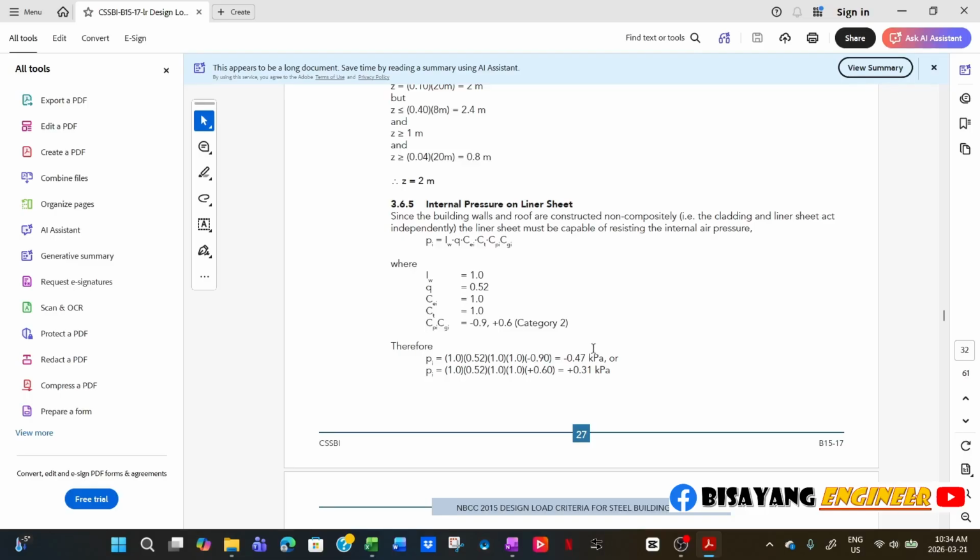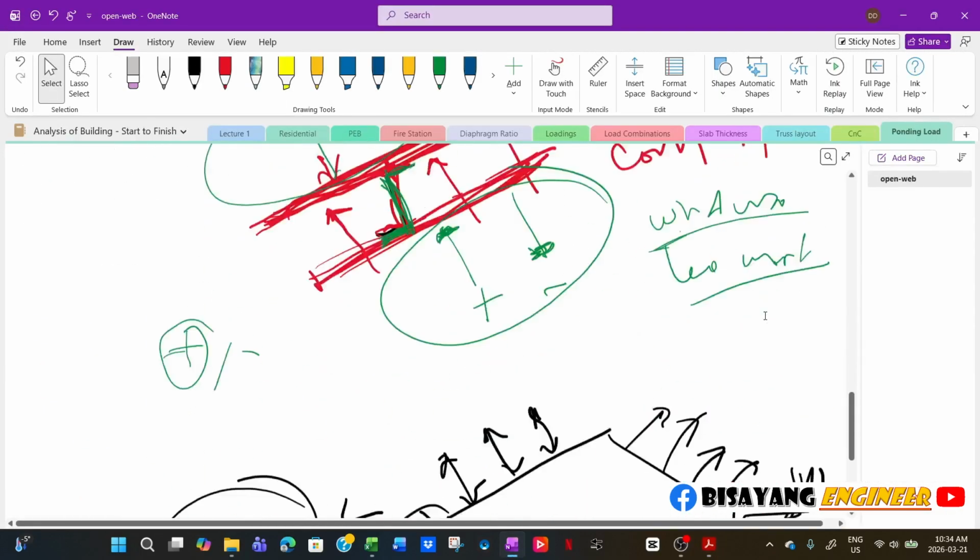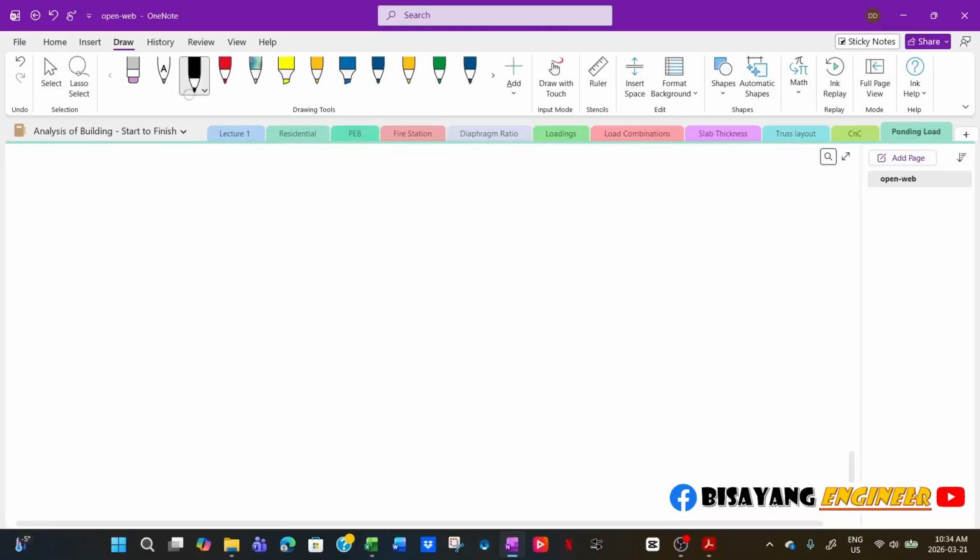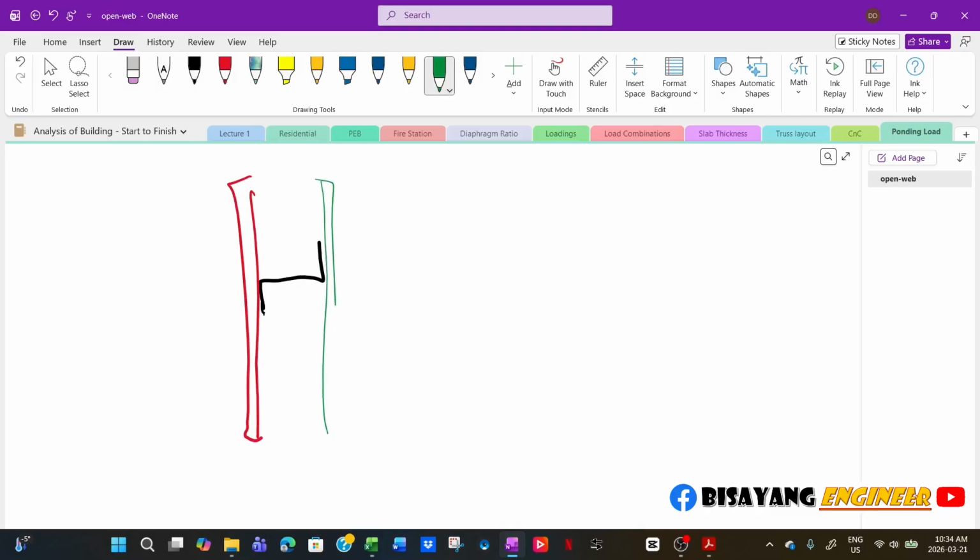Like for example, this one. When you analyze the liner, the negative and positive only indicate the direction of the force. So when you design it, you always size it based on, for example, this is your girt, and then this is your external cladding, and this is your liner.